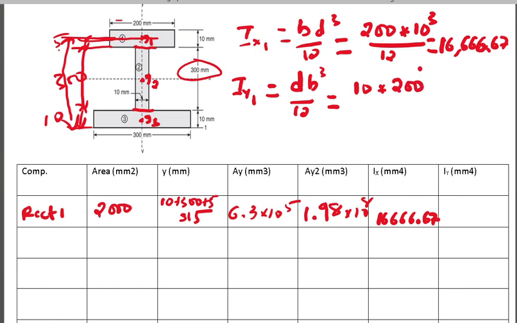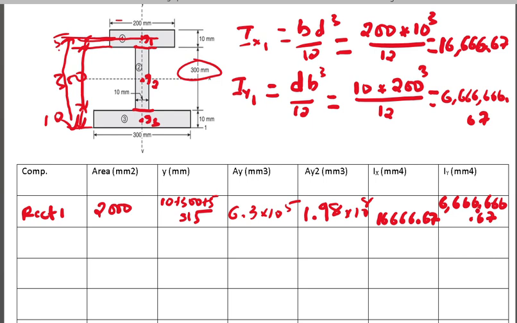So 10 into 200 cube divided by 12, you will get the value as 6,666,666.67. So here you calculated the values of ix1 and iy1 of component 1.